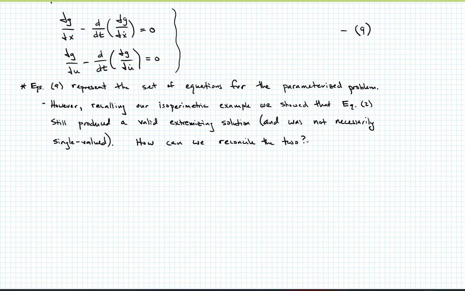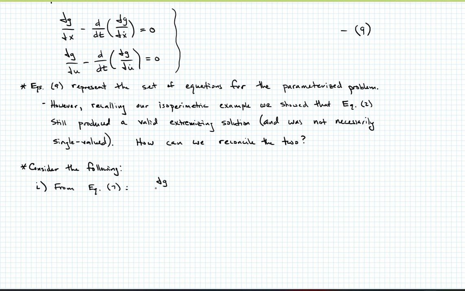So what we're hoping comes out of this is that equations 9 lead us back to equation 2, if everything is consistent. So let's go ahead and consider the following. Number 1: from equation 7 we can define the partial of g with respect to x.